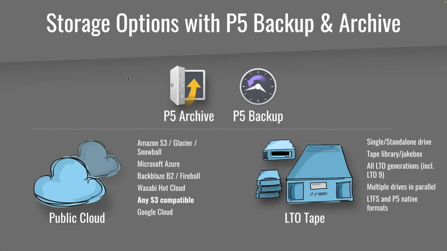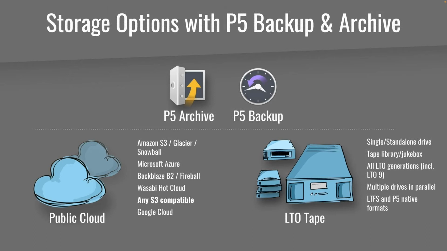So P5 Archive and Backup are both able to write to either public cloud storage, including the MatrixStore S3 compatible, because we support any S3 compatible storage, or, fairly uniquely, we support LTO tape hardware, which remains a really popular format for archive data, because the cartridges store 18 terabytes of the current LTO9 generation per cartridge, and cost around $100.